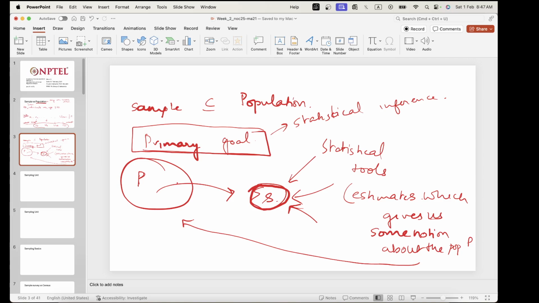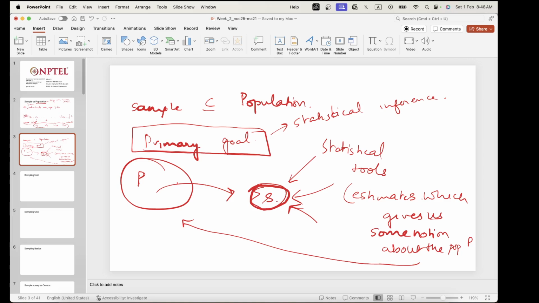So population is my bigger set of units, and from that we are just selecting a few, and this selection could be guided by some probabilistic measure. This selection could be based on some sort of judgment that the researcher might have in mind. There are different techniques of selecting a sample, we'll get into that.